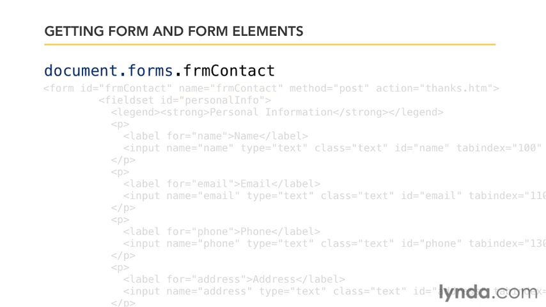In this case, it was frmContact. And if you use the name property in your HTML for your individual form elements, you can use that directly too: document.forms.nameOfTheForm.nameOfTheElement. But I'm still a fan of the good old document.getElementById. So let's talk about the individual form elements first.